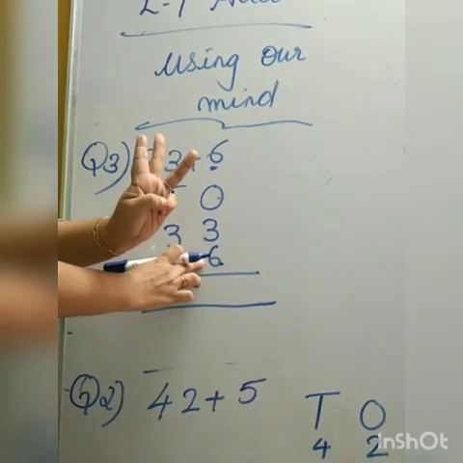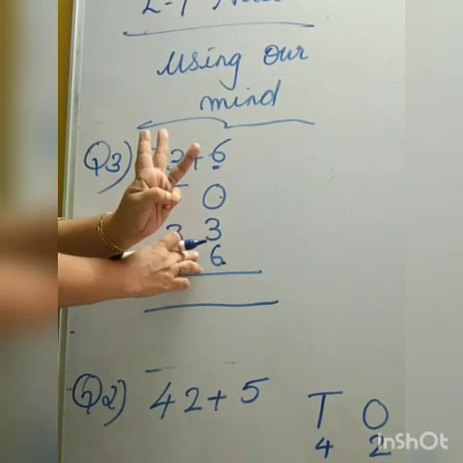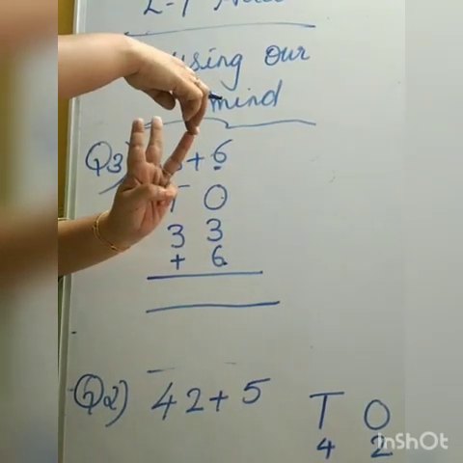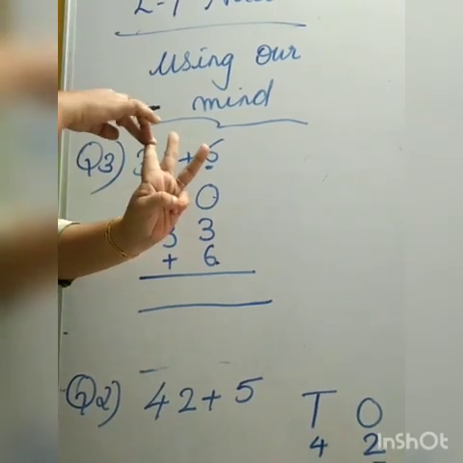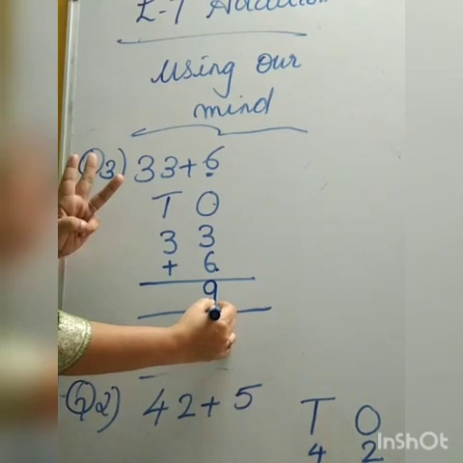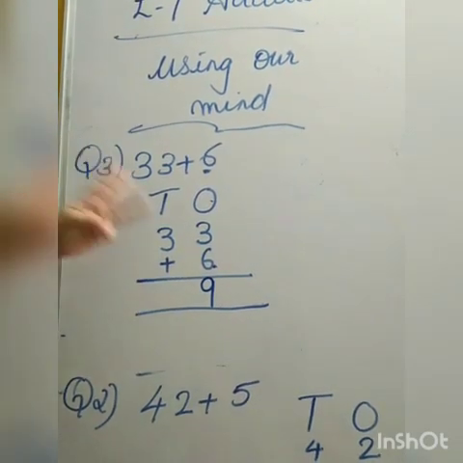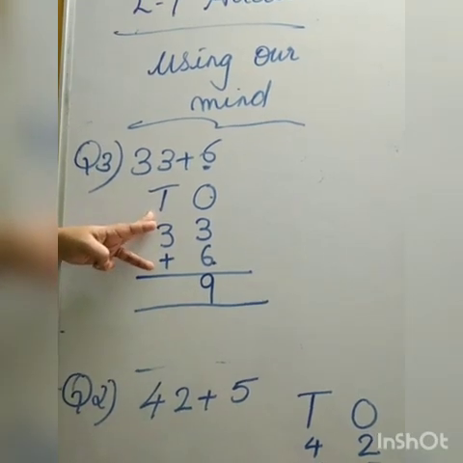We kept 6 in mind, so after that we count on our fingers. After 6, 7, 8, 9. So we write 9 in the ones place. Clear?